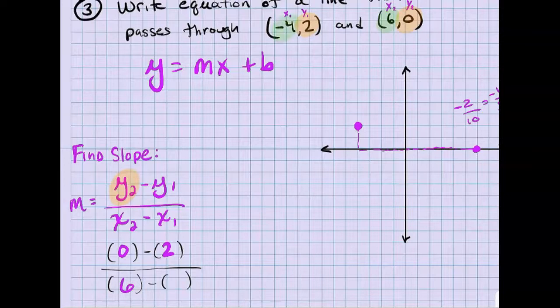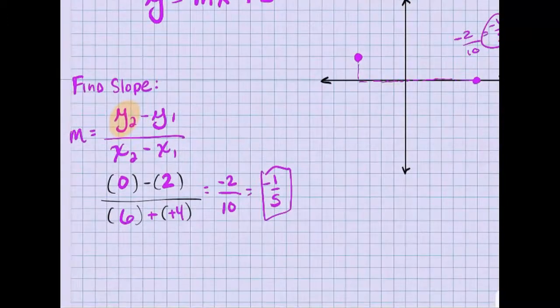The first x is negative 4. Careful, there's a negative and a minus there. So 0 minus 2 is negative 2. Leave, add opposite, positive 10. And when that reduces, it's that negative 1/5 that we talked about up here. So that's the slope. All that work just to find out that the slope was negative 1/5.